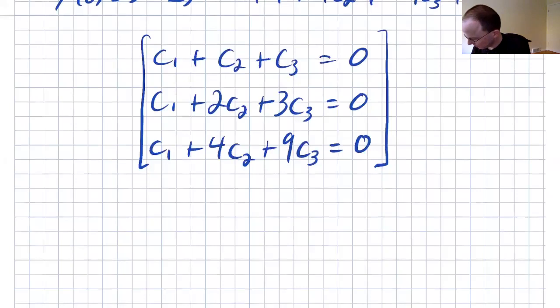The last one's not 0. It's 3. Okay. So I suppose many of you have a calculator that's able to solve a 3x3 linear system like this.